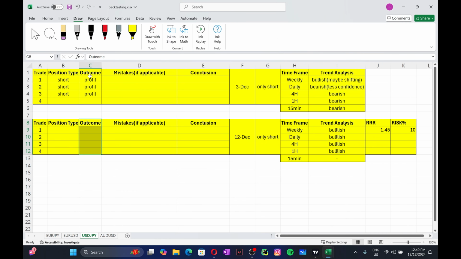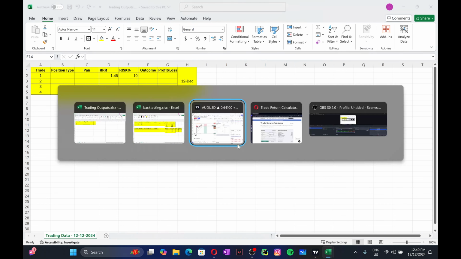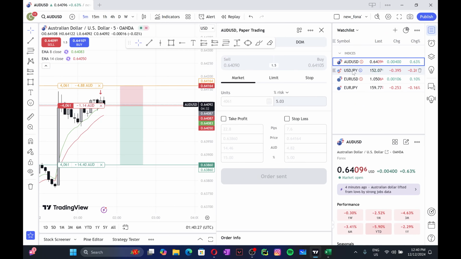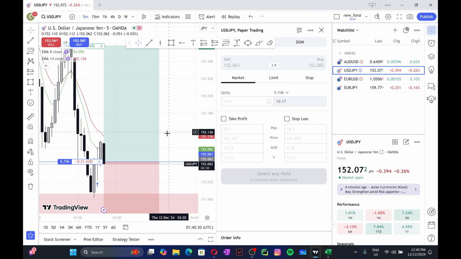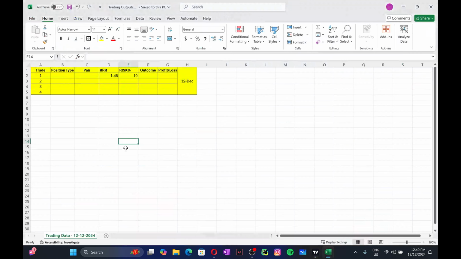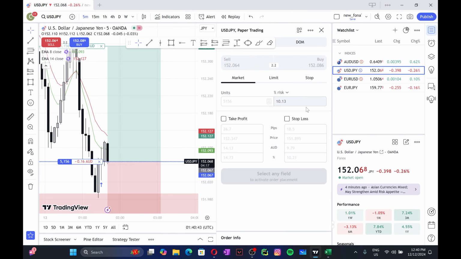Okay, so what did we do today? USD JPY. We've taken a long trade. So long trade USD JPY, and this is the one with the 10% risk.